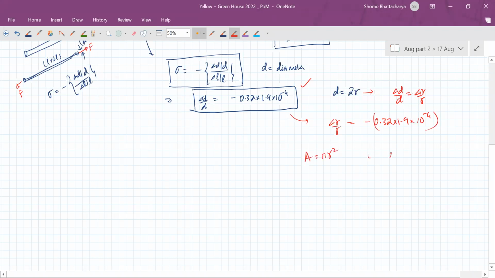Since area is proportional to radius square, the fractional change in area will be 2 times the fractional change in radius, or the same thing as 2 times the fractional change in diameter. So our final answer, the fractional change in area, will become minus of 2 into 0.32 into 1.9.